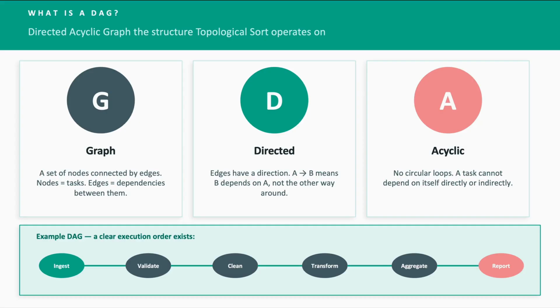If it did, you would have a deadlock and a chicken-and-egg problem with no solution. So look at the bottom of this slide. That is an example of a DAG. Here we have ingest, which flows into validate. Then we have clean all the way through to report, no cycles, clear direction, a valid execution order exists.